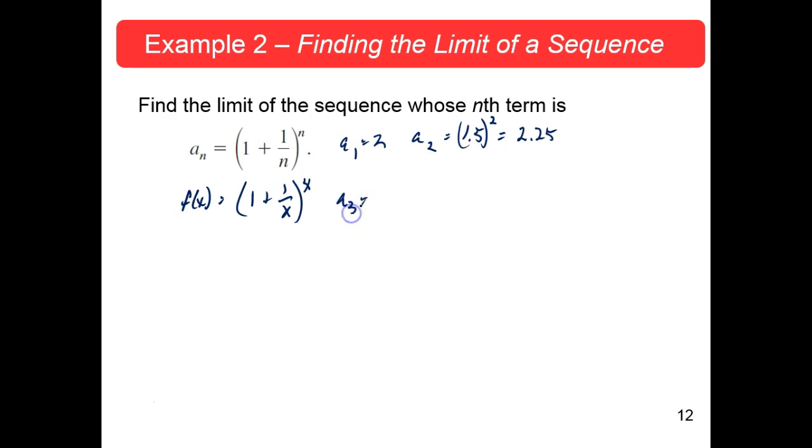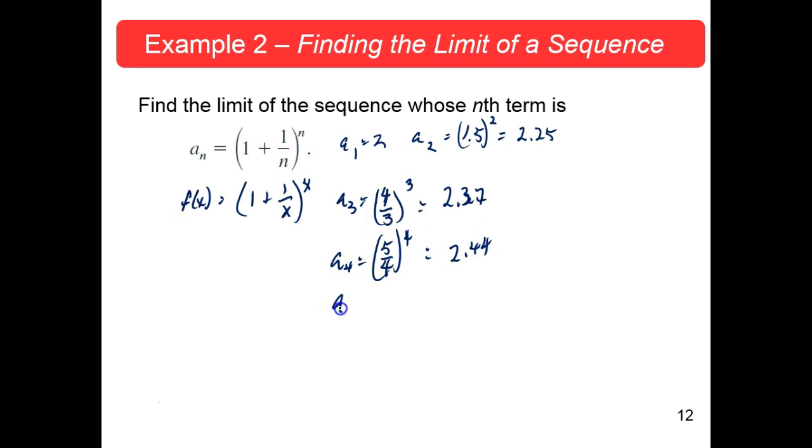A sub 3 would be 4/3 raised to the third power. That's 2.37. A sub 4 would be 5/4 raised to the 4th power, right? 2.44.